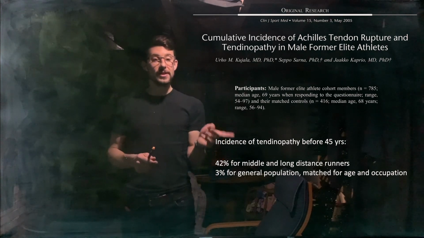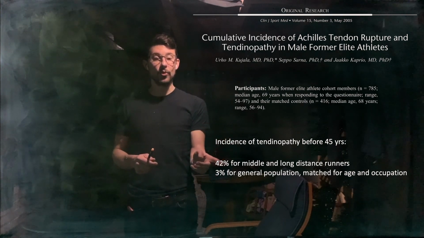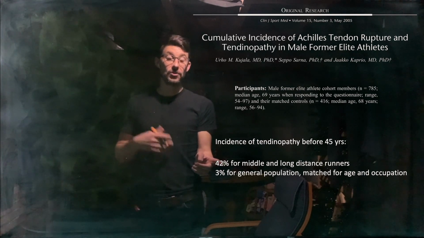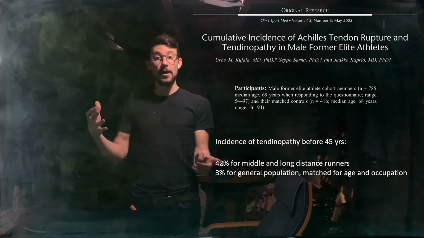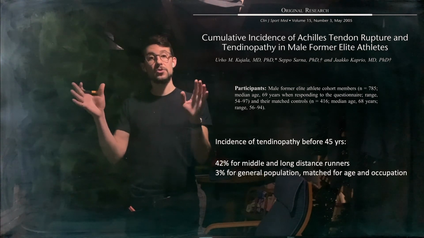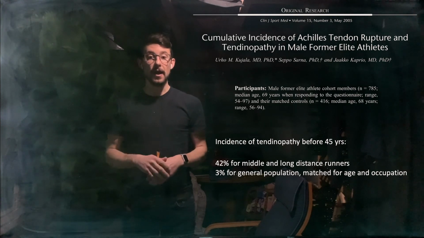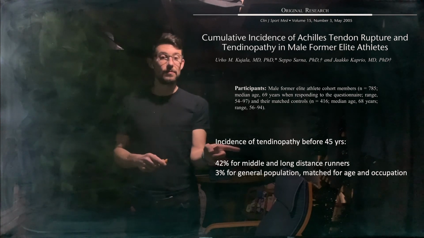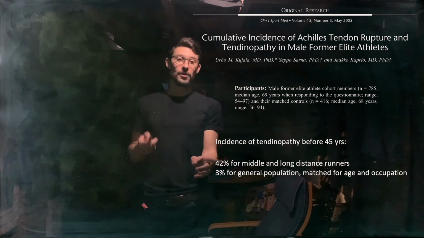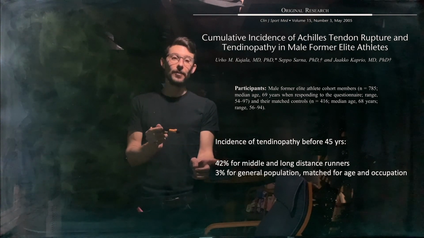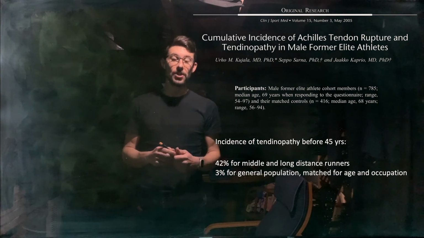So the really interesting thing, I think, related to the previous structural slides that I've showed you, and the talk about how tendon nanostructure relates to strength and damage resistance, is why 42% of people experience tendinopathy, but the other 58% of people don't.